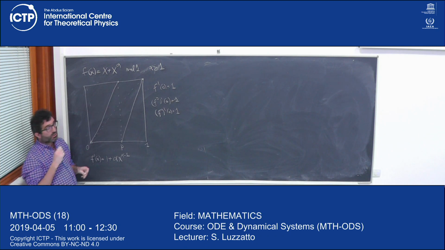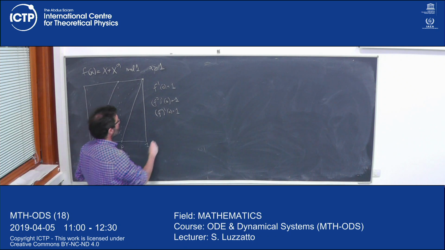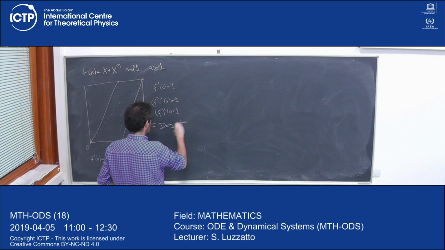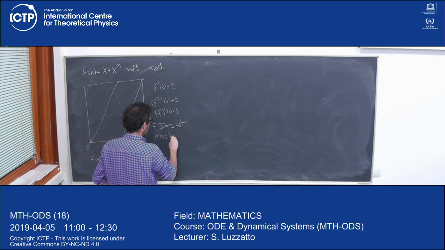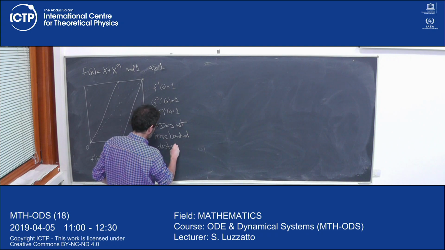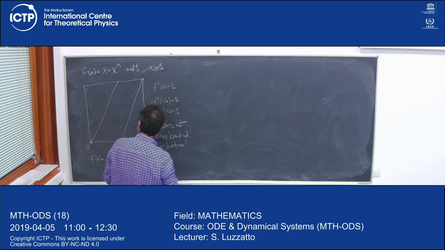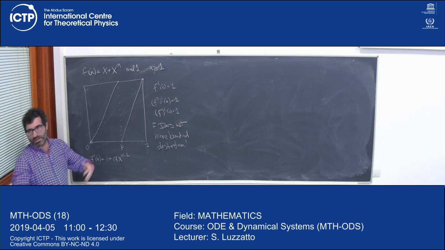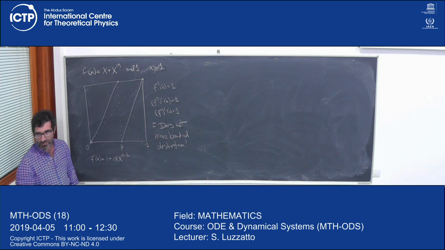So this map f does not have bounded distortion, which means that we cannot apply our amazing theorem that we spent so much time proving, even though it looks so close. Does it have an absolutely continuous invariant measure?